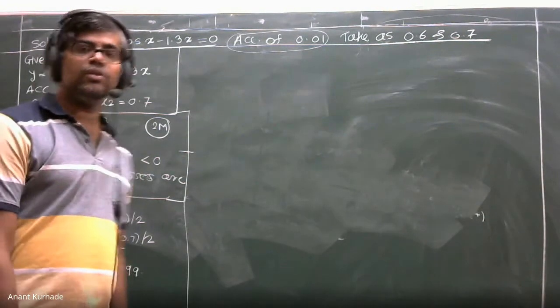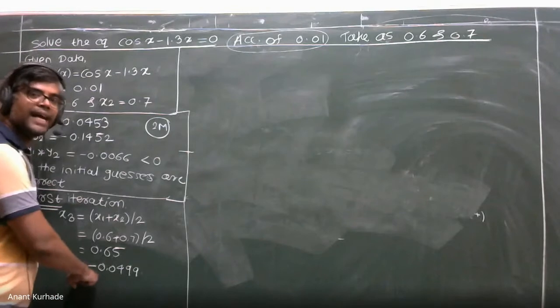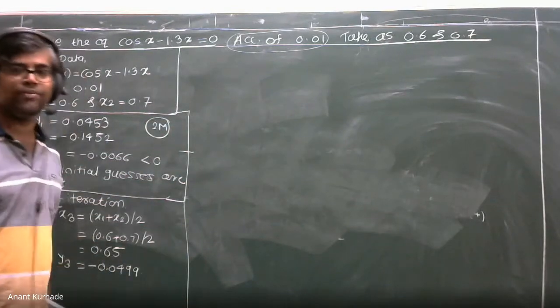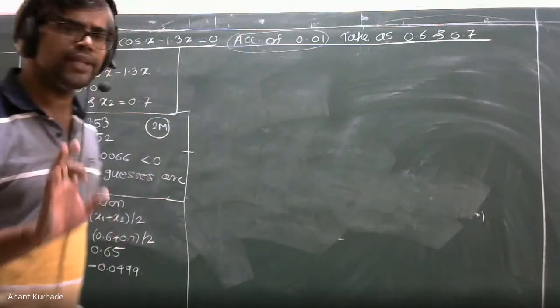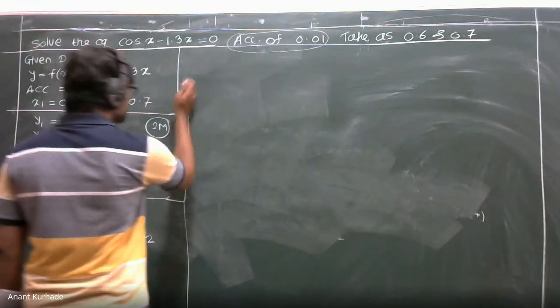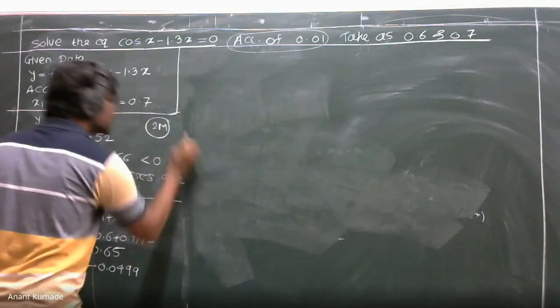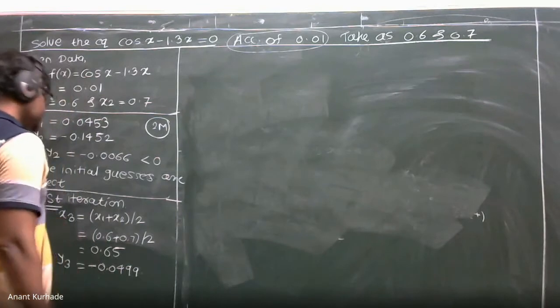Okay. So now do up to this only, and the remaining iterations we write in tabular form. This tabular form is very simple. Just pay attention, this is important.